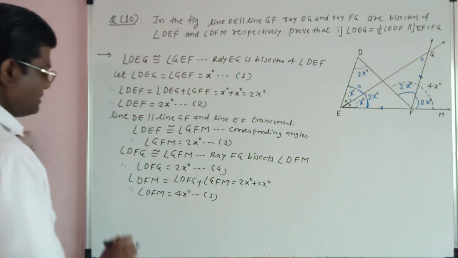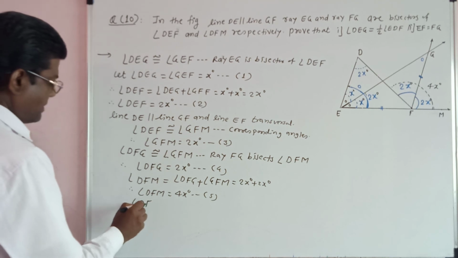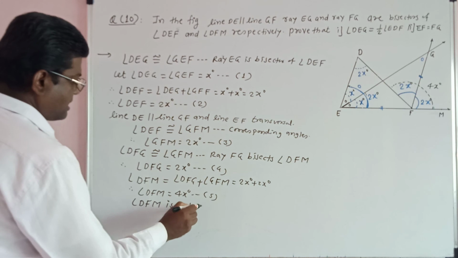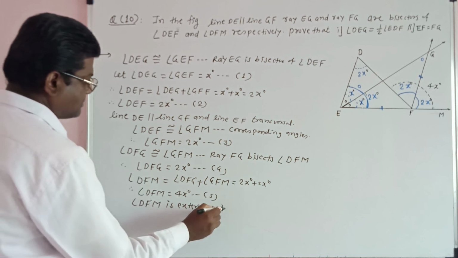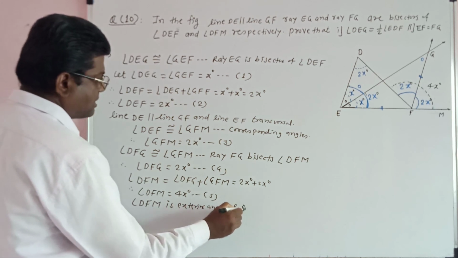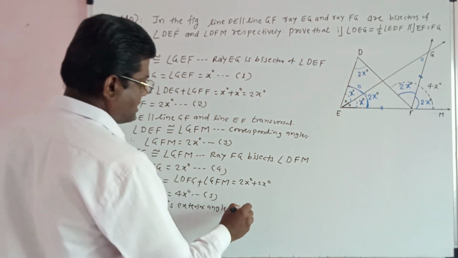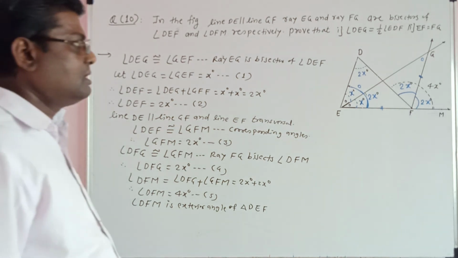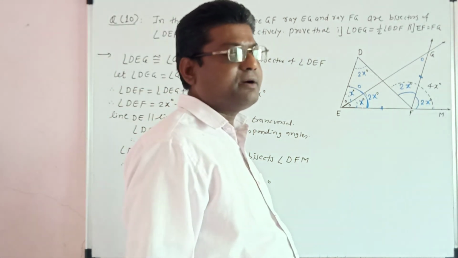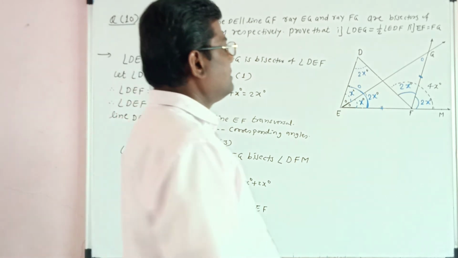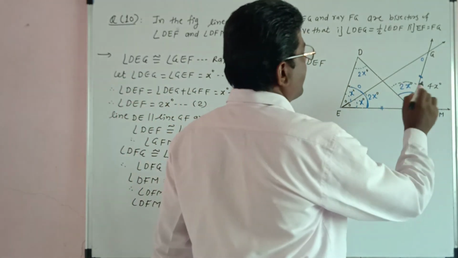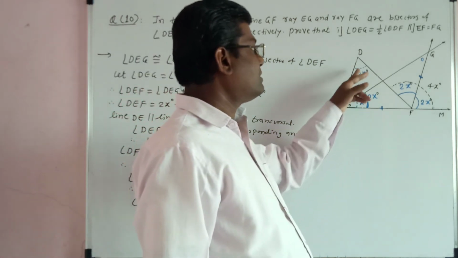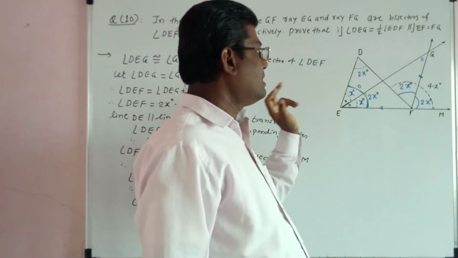So we write angle DFM is exterior angle of triangle DEF. We know that by the theorem of remote interior angles of a triangle, the measure of the exterior angle is equal to the sum of measures of remote interior angles.